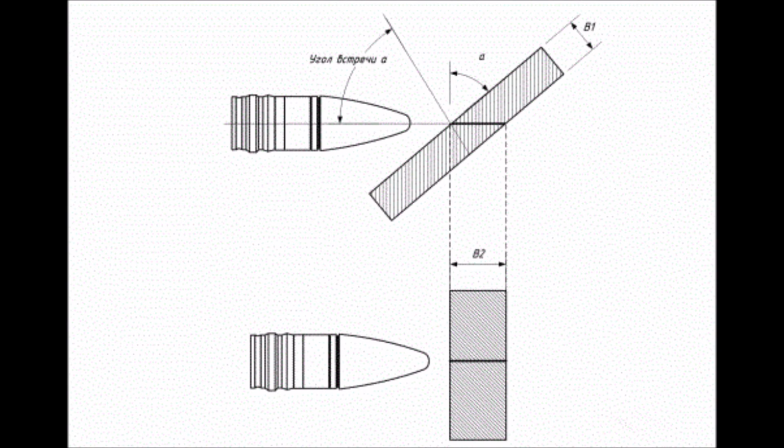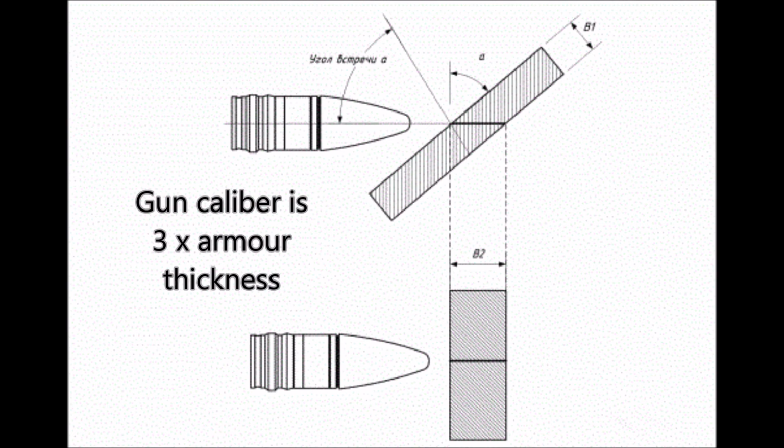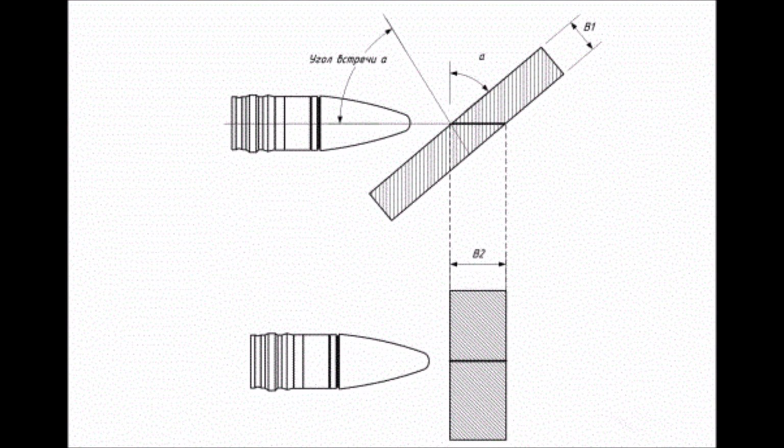Total overmatching occurs when the caliber of the gun the round is fired from is 3 times the thickness of the armour you're hitting. So what happens then? Right, so partial overmatching. Like I said, 100mm cannon hitting 40mm of armour. That is more than twice the thickness. So the extra penetration is used in a calculation.